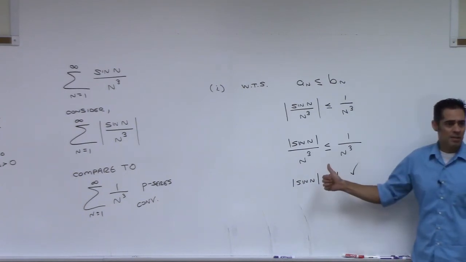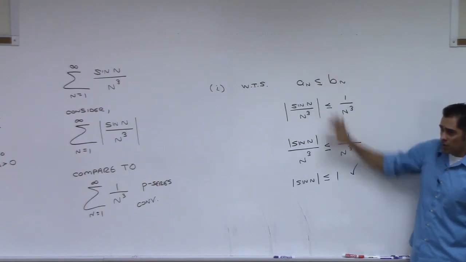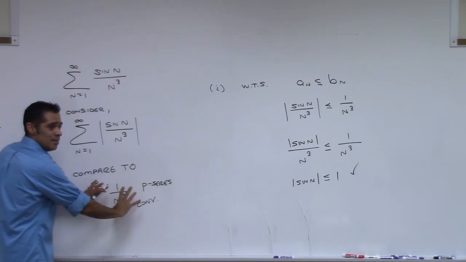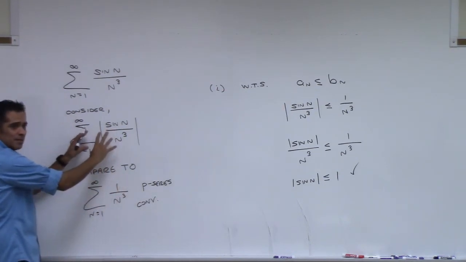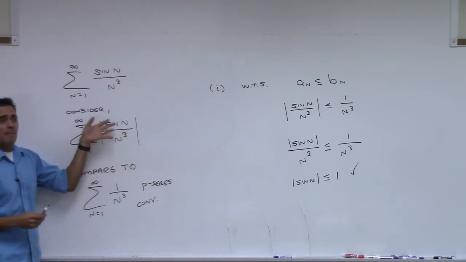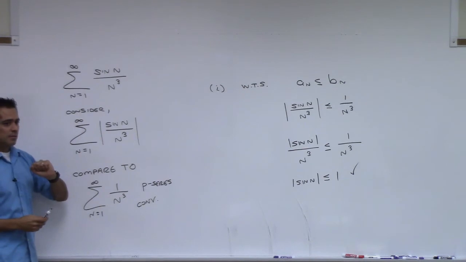So by the comparison test, I know that this inequality holds, which means whatever this does, whatever this does. And since this is the absolute value of the series, by the theorem, that converges. Got it?